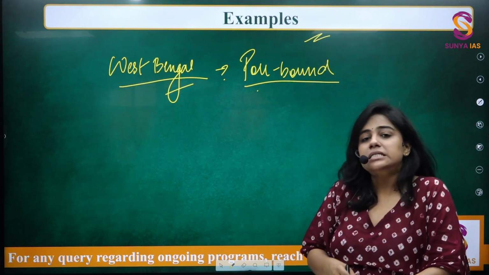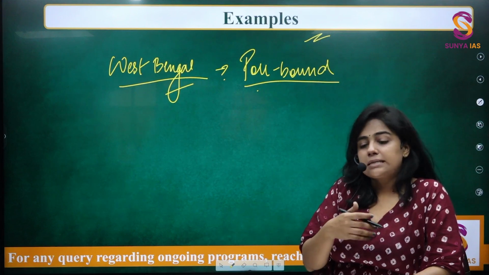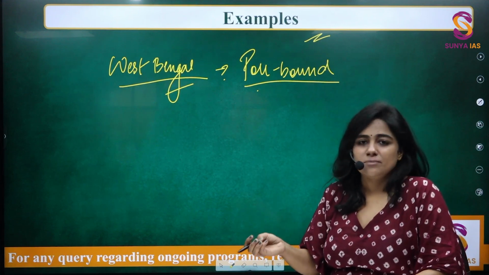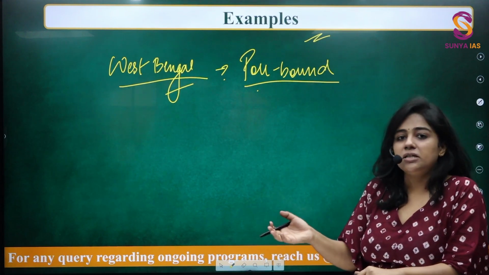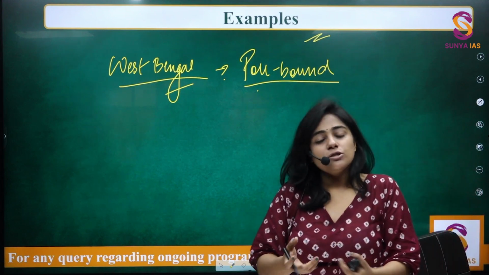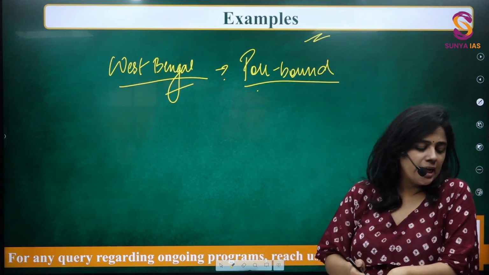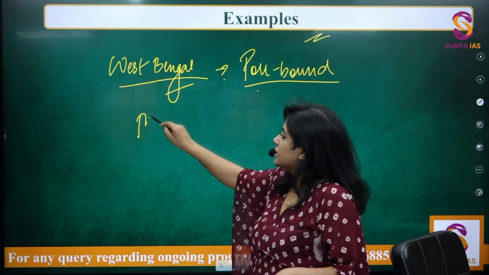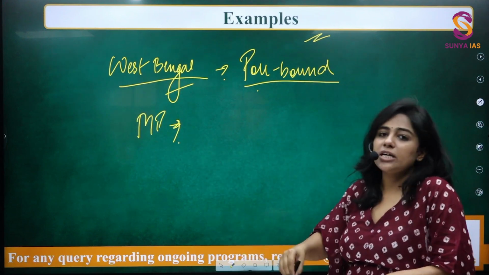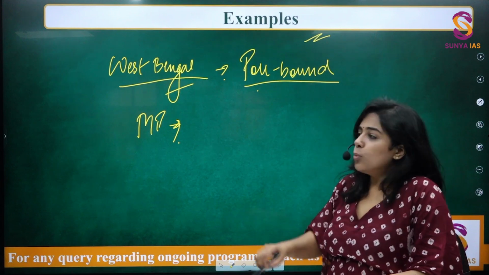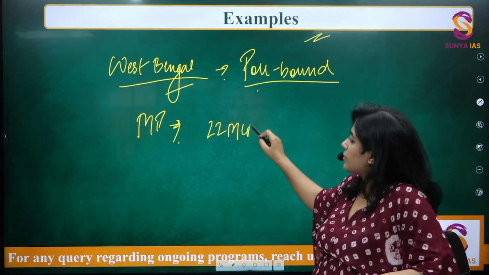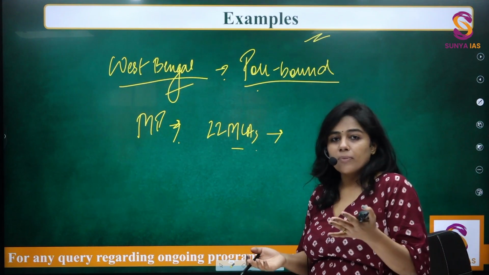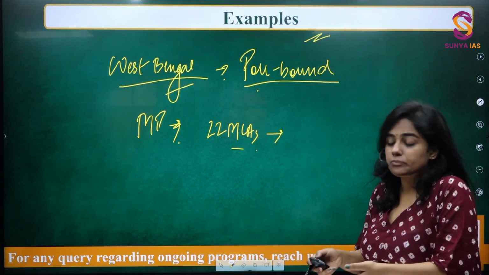And defections tend to reach their peak when the term is ending, because they've already served their entire term, so they have nothing to lose, so they'll defect. Right? A very, very famous defection was in Madhya Pradesh, where Jyotiraditya Scindia, with his 22 MLAs, defected from the Indian National Congress to BJP. And right now he is the Civil Aviation Minister.